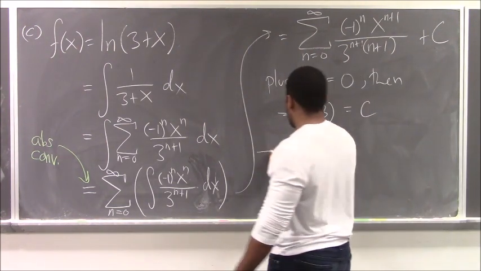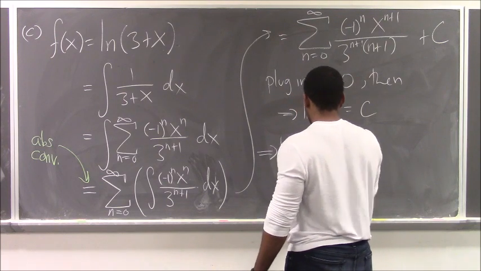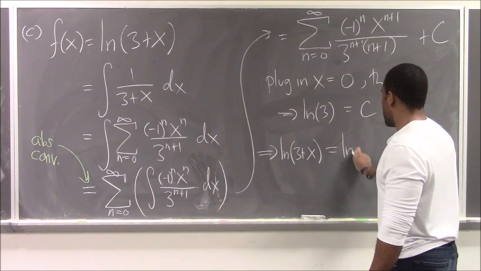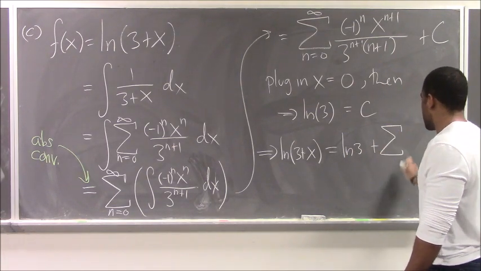And so what I'd be able to say is that ln of 3 plus x is equal to C, which is ln of 3, plus this series.